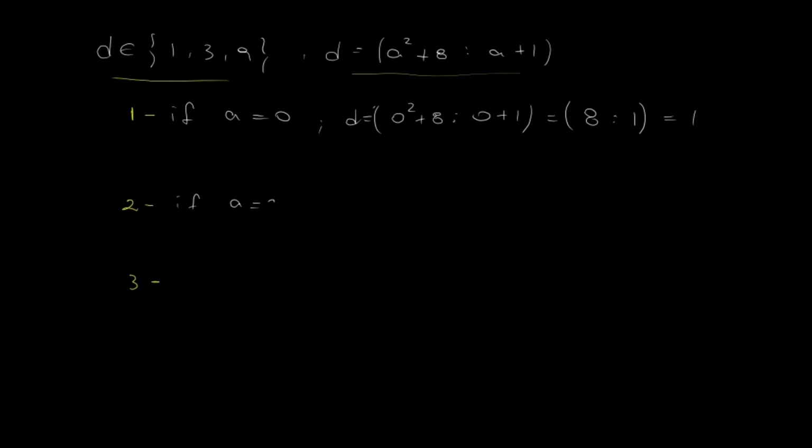If a equals 2, d will be the greatest common divisor between 2 squared plus 8 and 2 plus 1. This is the greatest common divisor between 12 and 3, and this number is 3.